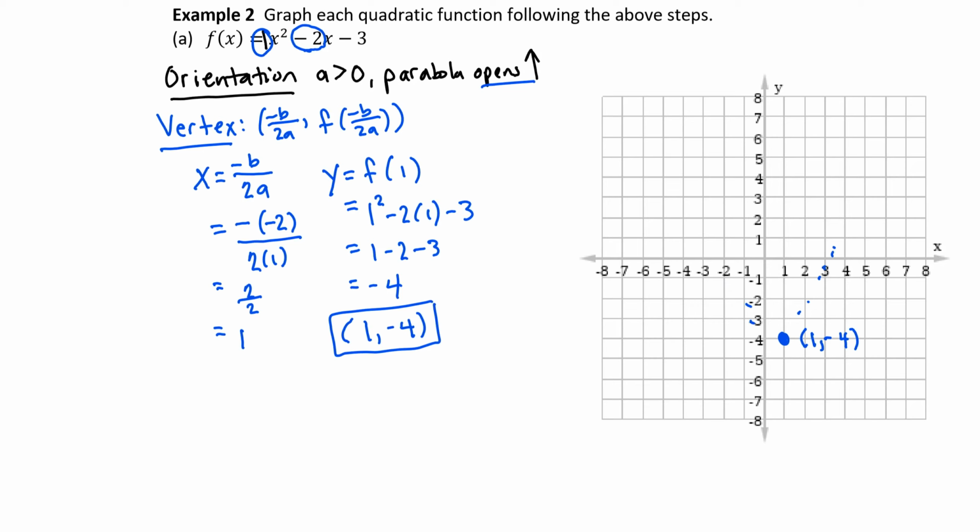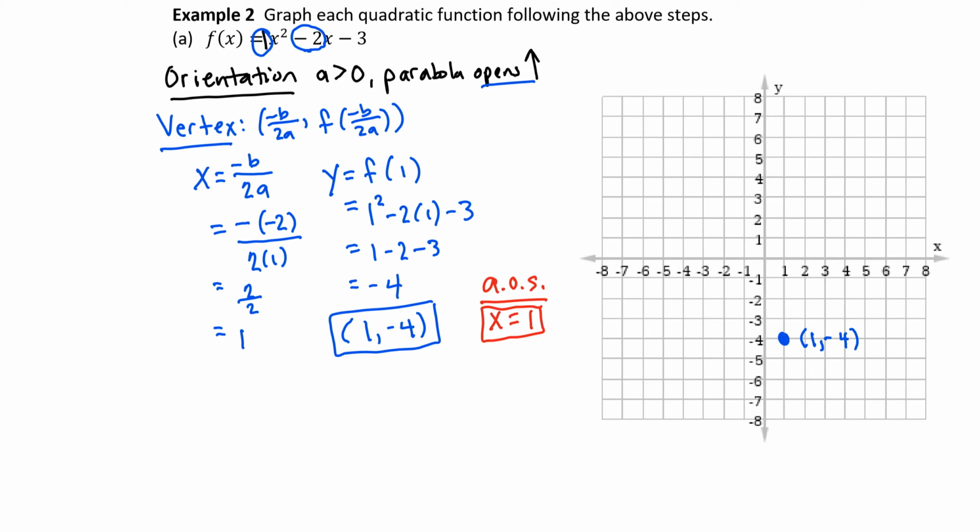But before I get those x-intercepts, let's go ahead and find the axis of symmetry because it's convenient at this point in time. Recall that the equation for the axis of symmetry is x equals negative b over 2a. So I can say my axis of symmetry has equation x equals 1. So whatever the x-coordinate of your vertex is, that's the number that you use for the equation for the axis of symmetry.